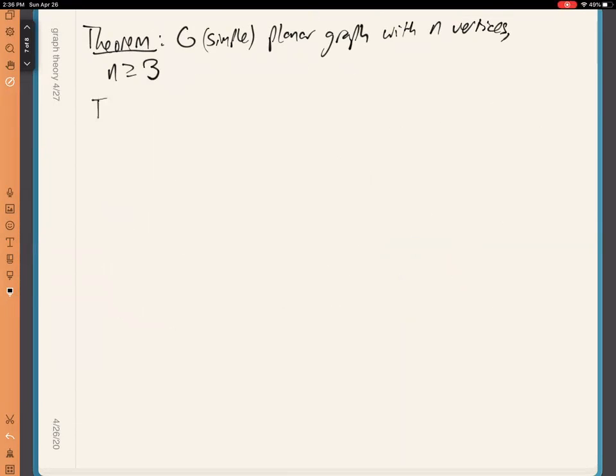There are two properties of the graph that we can deduce. The first is that G has to have less than or equal to 3n minus 6 edges, right? So the assumption that it's planar with n vertices automatically implies that you can only have this many edges. And the second is that G has to have at least one vertex of degree less than or equal to 5.